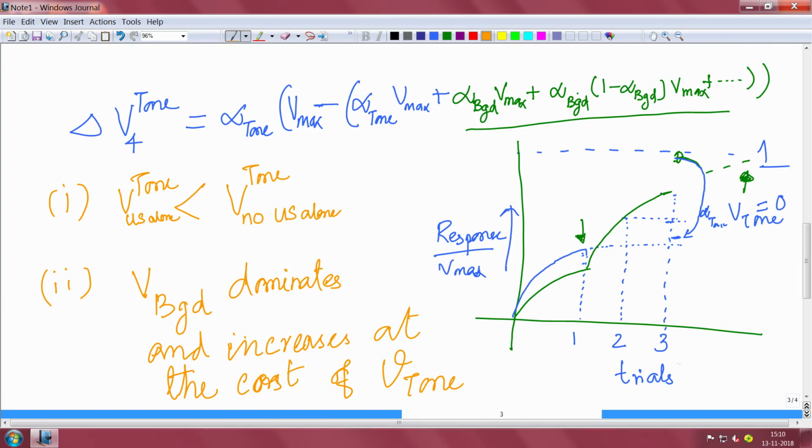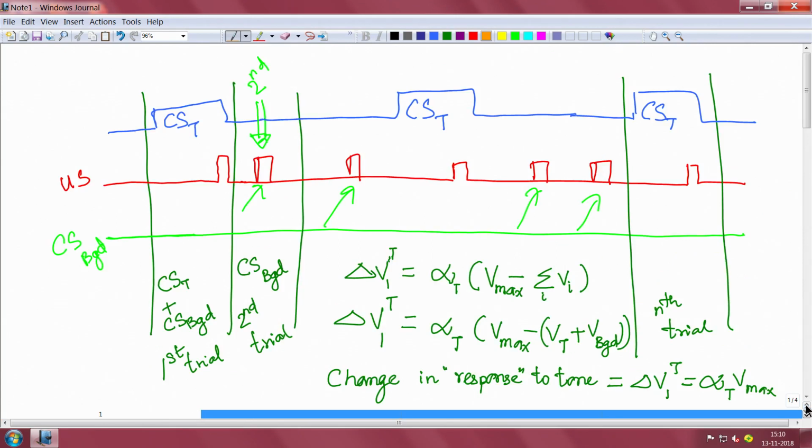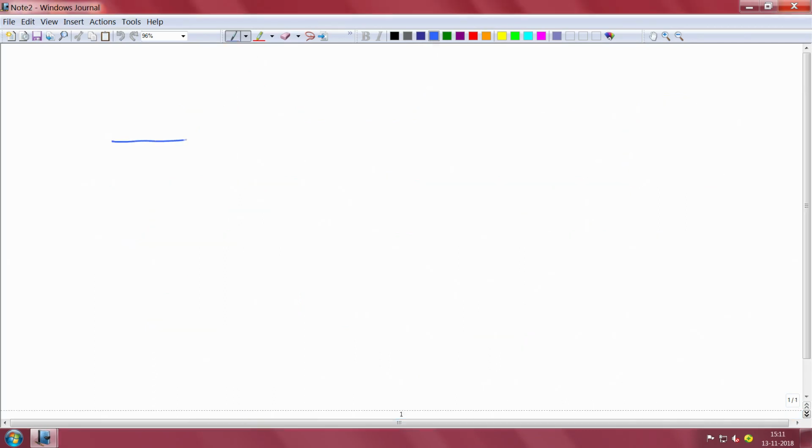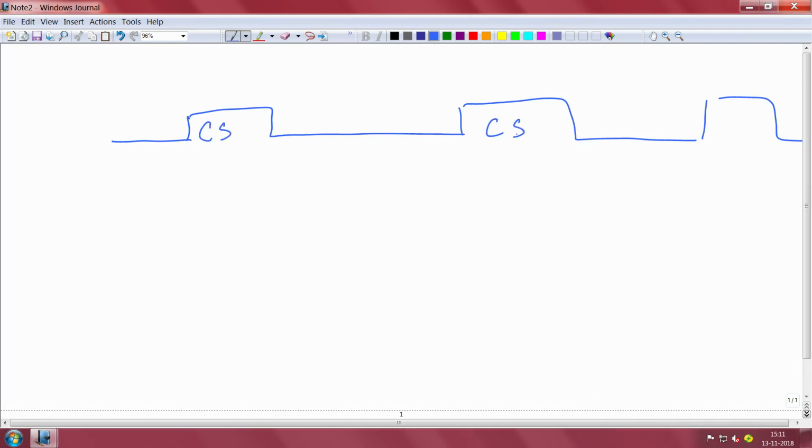The initial experiment consisted of two groups. Group A is a random group, where we throw in some of the USs in the absence of CS, while in the control group what was presented is a contingent presentation, which is whenever there is a CS, and only whenever there is a CS, there is a US.